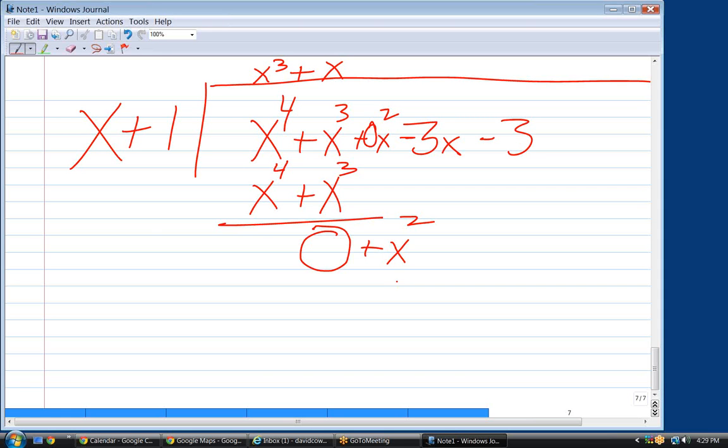It's x squared. Wow. Hold on a second. Did I do something wrong? You didn't bring down the 0. Oh, you're right. I brought down a 1x. I want to bring down a 0x, which means nothing.